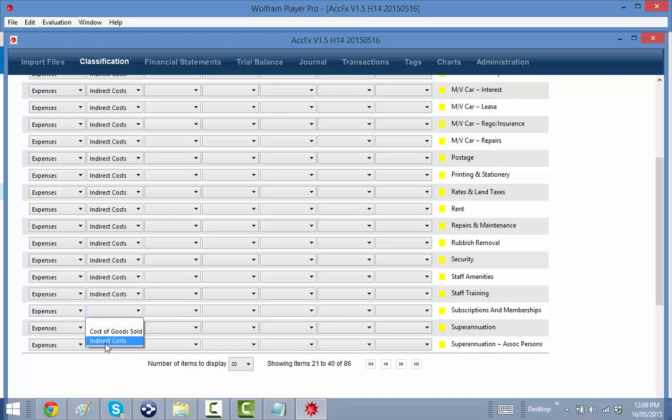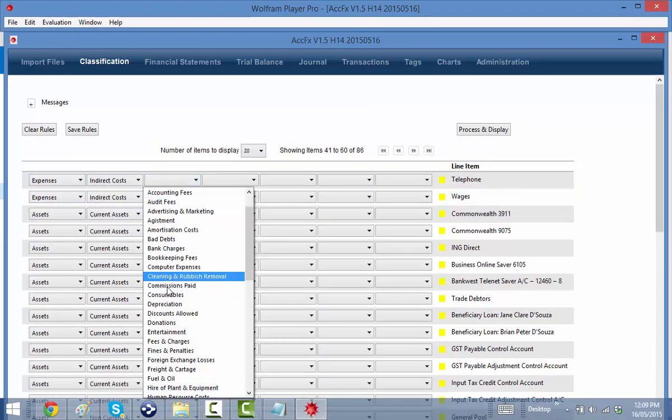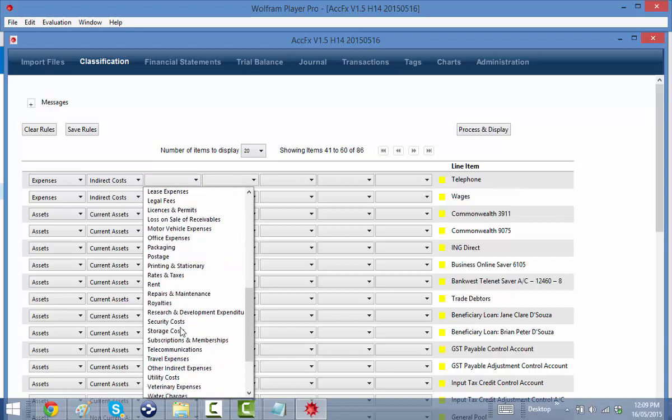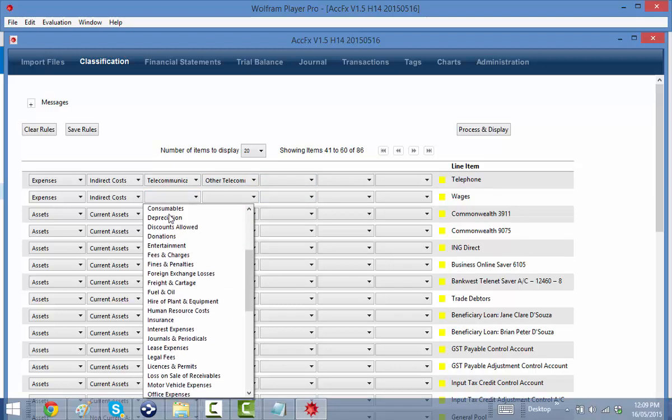That's the whole purpose of this, is that we can read and see what stuff is. So we only had 2 extra ones there, and we might as well just go down to telecommunications. We don't know what sort, could be a combination of broadband and mobile.